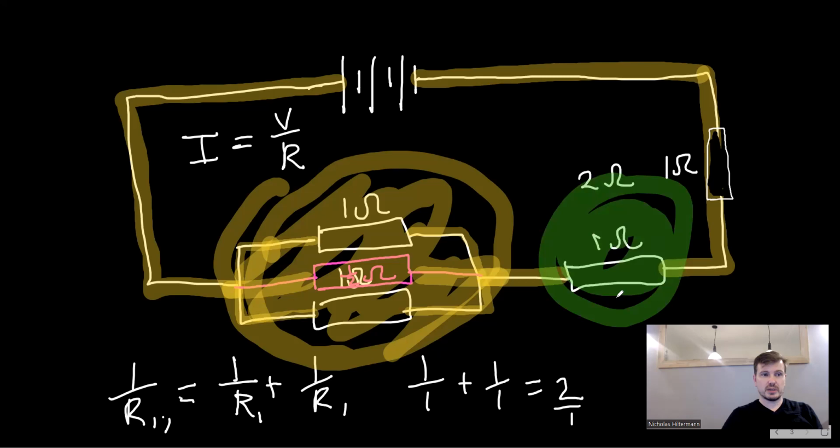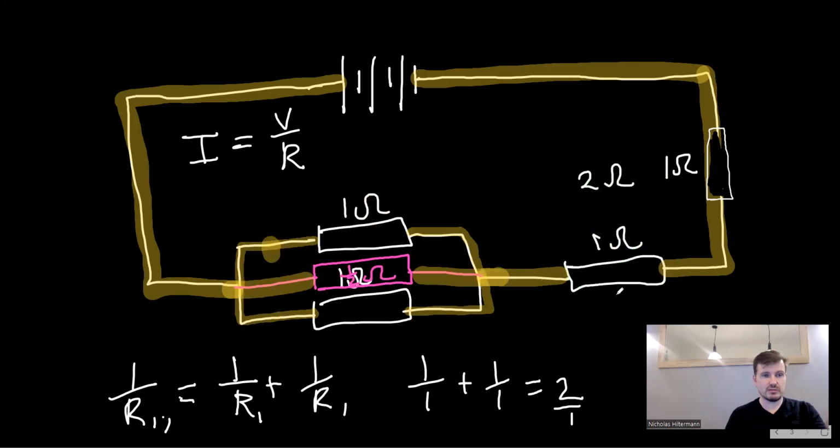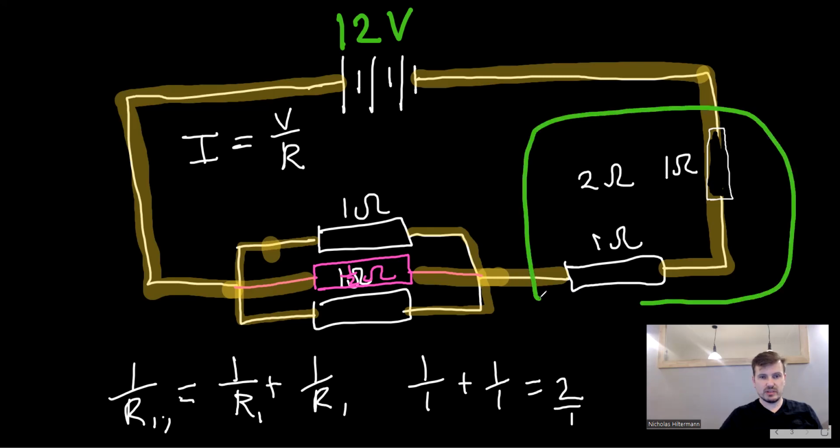Because you don't need as much, because I said voltage is the thing that pushes your current. And so if you have less resistance, you don't need as much voltage, because your battery has a set amount of voltage that it uses to get across. So say this is a 12-volt battery. Well, it's going to use more volts on these two than it's going to use on the parallel.